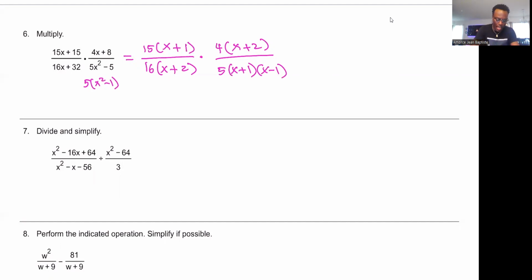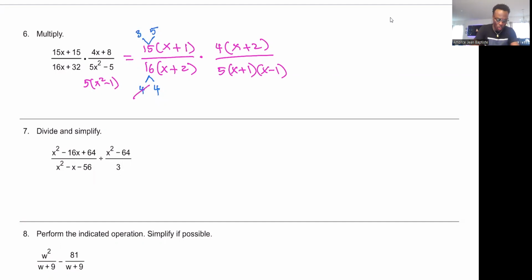But when I'm looking at 16, I see that 16 can be written as 4 times 4. It's broken down as a product of two 4s. Then we will be able to cancel one 4, right? And 15 also is factored as 3 times 5, which will allow me to cancel the factor 5 with the bottom 5 here.